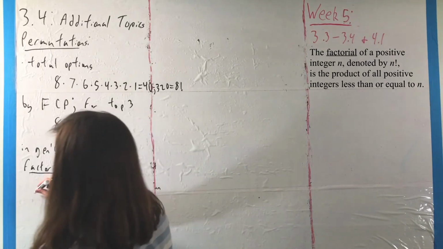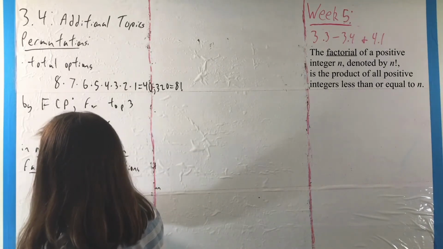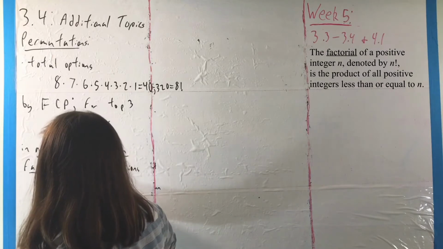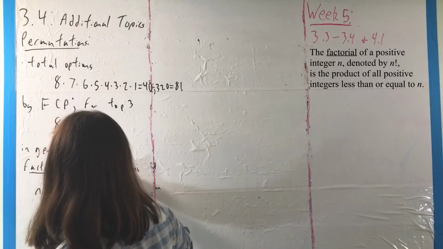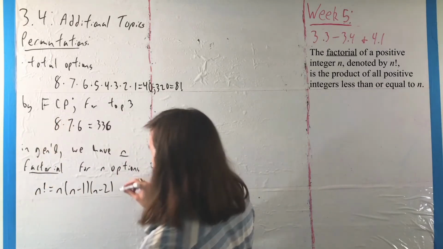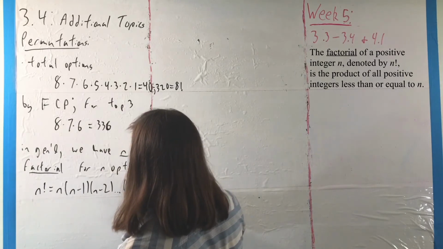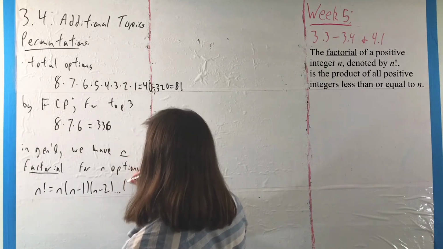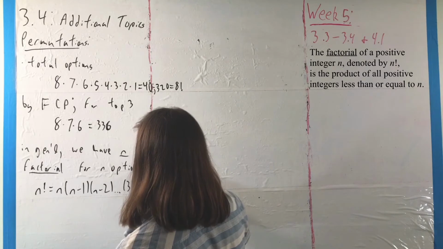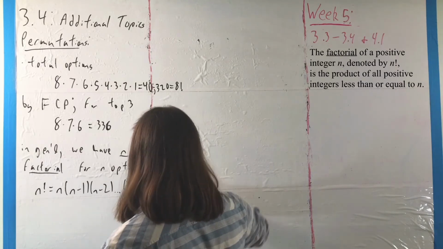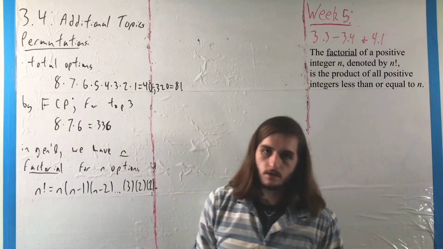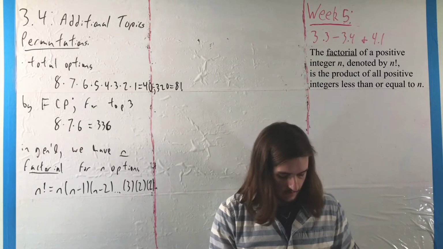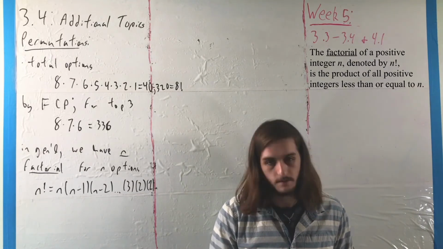It means we've got this n, and we're going to multiply it by n minus 1, and n minus 2, and n minus 3, and n minus 4, and n minus 5, all the way down to 3, 2, and 1 until we run out of smaller natural numbers to multiply in there.